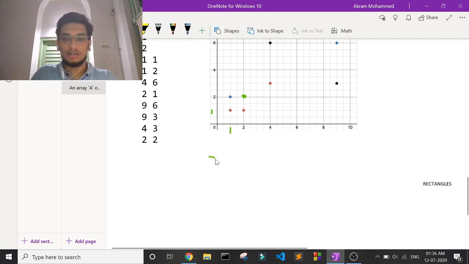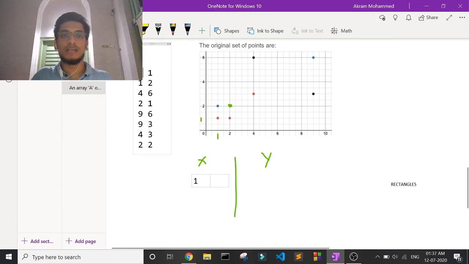Okay, so now let's try to observe what's happening over here by taking the x coordinates and y coordinates. And let me just take the count of how many x coordinates there are with a particular number. So let's just look at the x coordinates for a second, and let's see how many ones we have in the x coordinates alone.